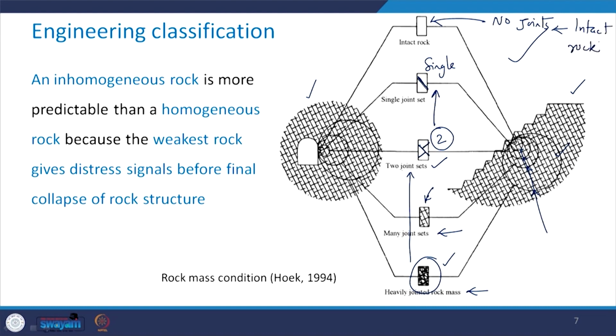So this is what I wanted to tell you: as a whole, this is the heterogeneous rock. The moment you start reducing the size of the specimen, the same heterogeneous rock became intact rock without any discontinuity.